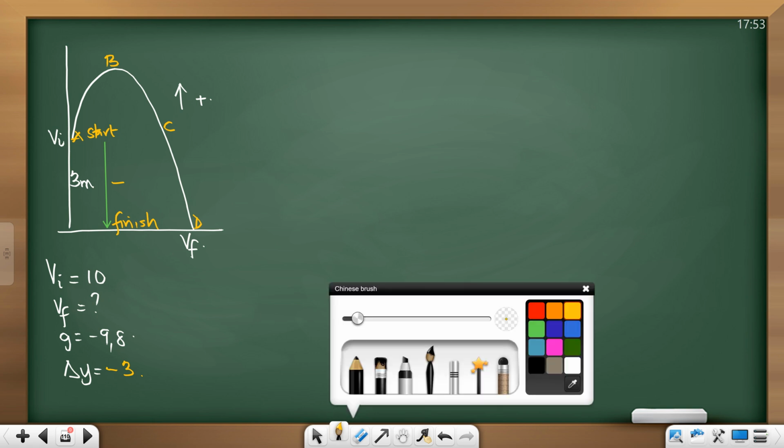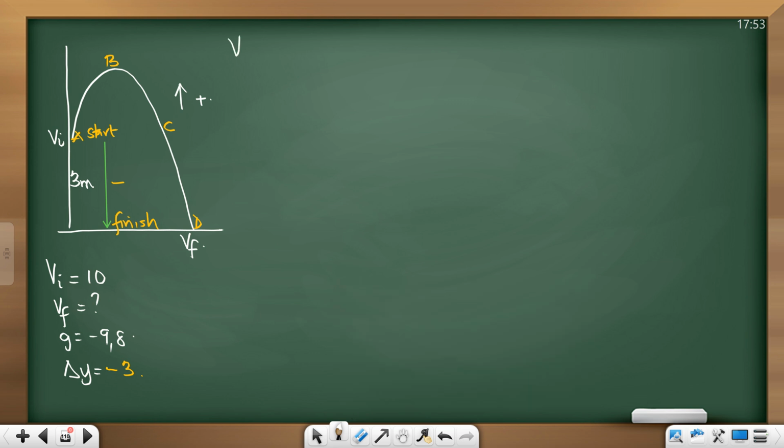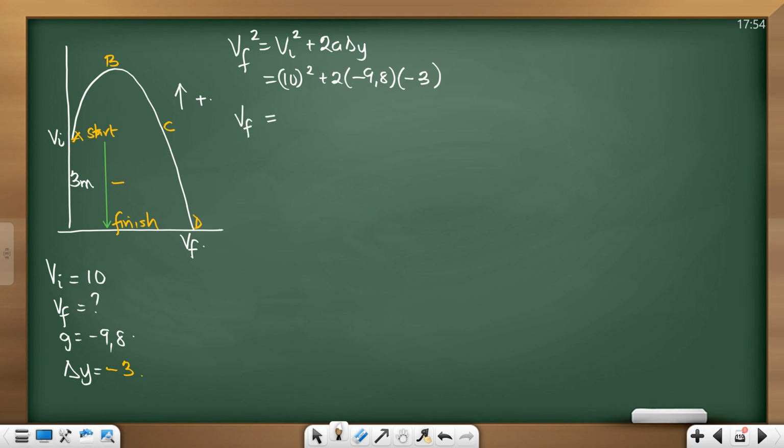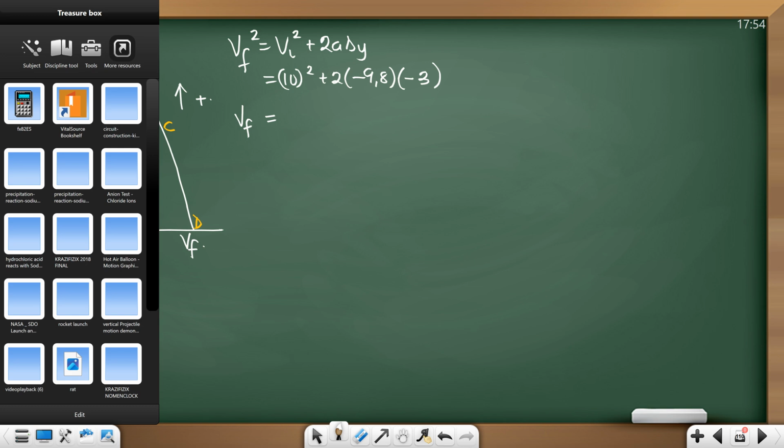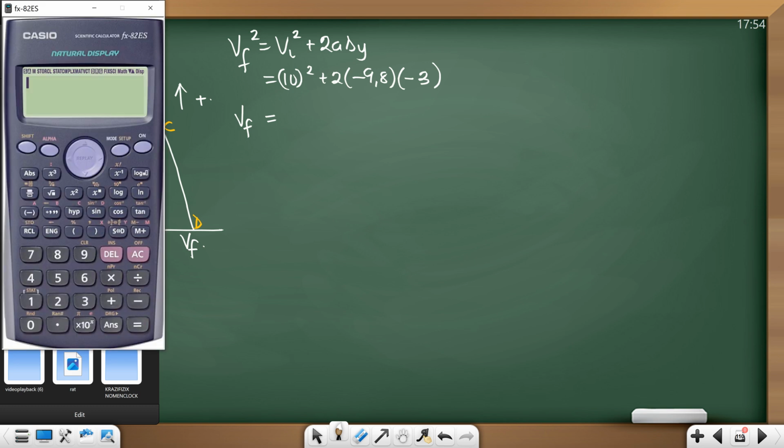So, can I then calculate my final velocity? Vf squared equals Vi squared plus 2a delta y. 10 squared plus 2 times negative 9,8 times negative what? Once you see that you have to calculate the square root of a negative number, know that you are wrong. If I did not do that, I would be getting a negative value. So what do I have?